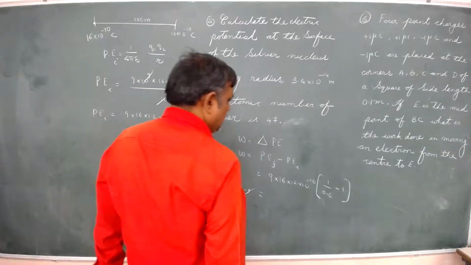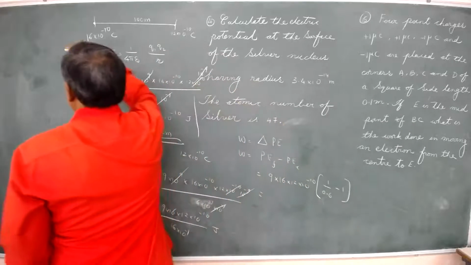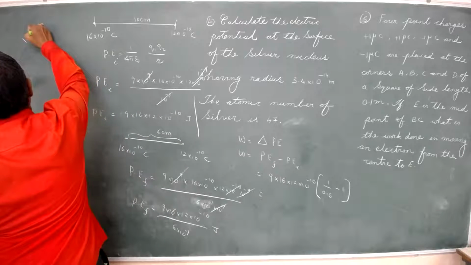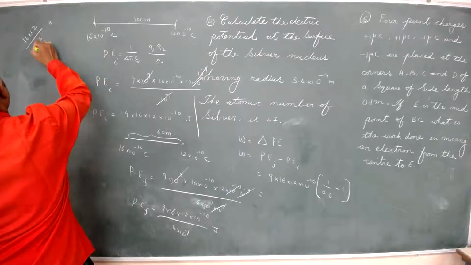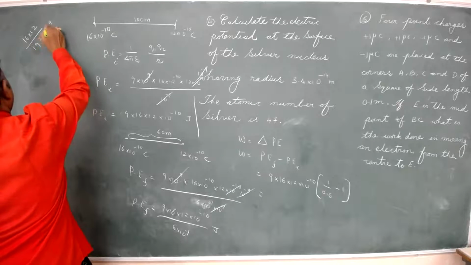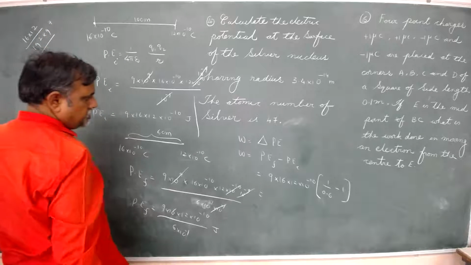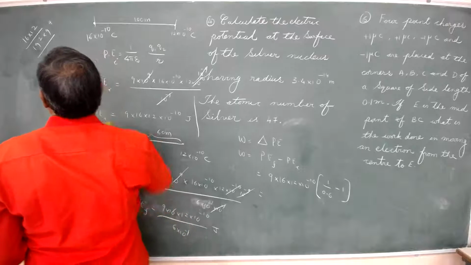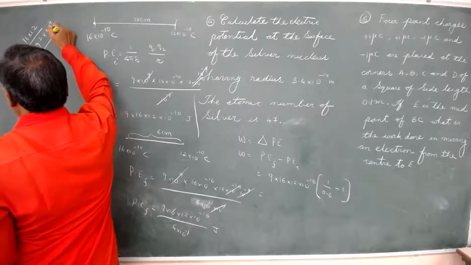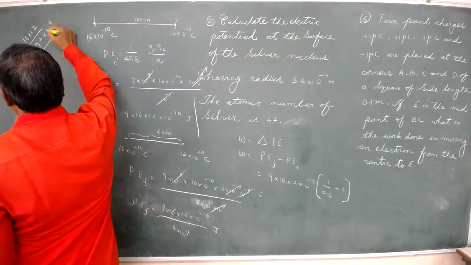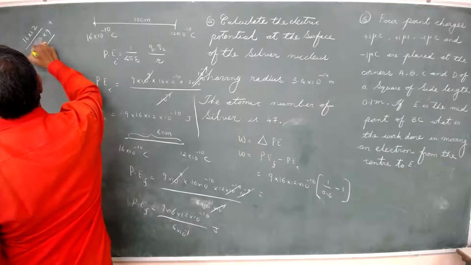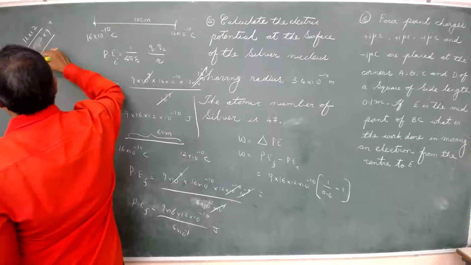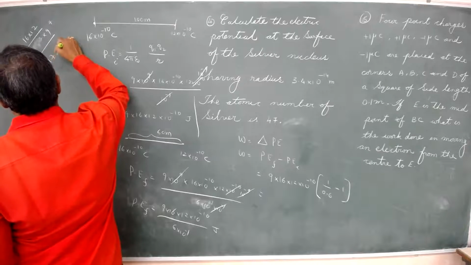Okay, so now you multiply 16 into 12. How much? 16 into 12, this is 192. 192 into 9, total 1728.